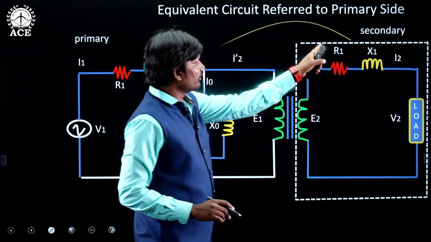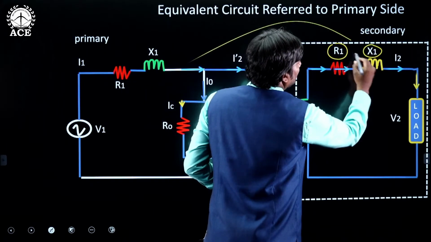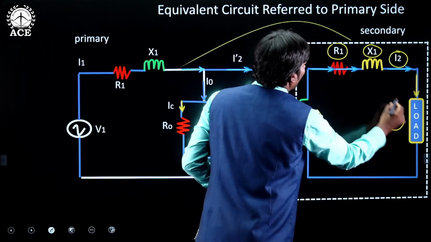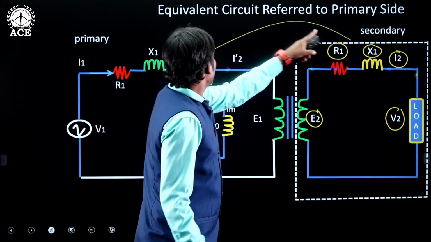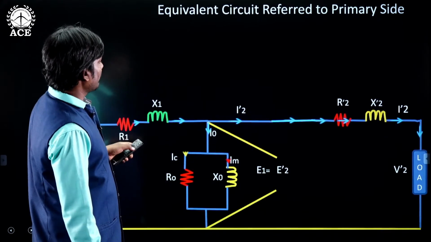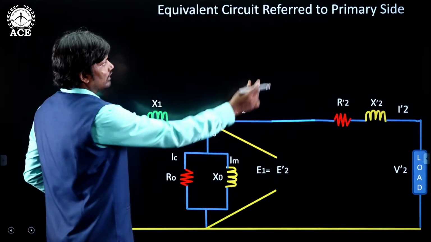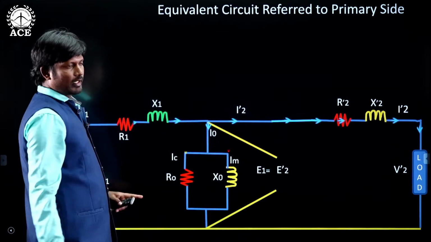All the values, I2, V2, will transfer from secondary to primary side. Now the new values and the new equivalent circuit under this condition is this one, when secondary is referred to the primary side.